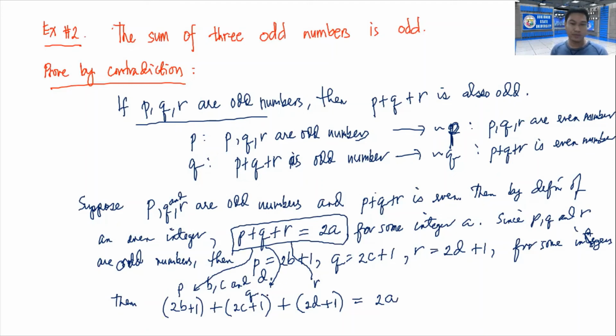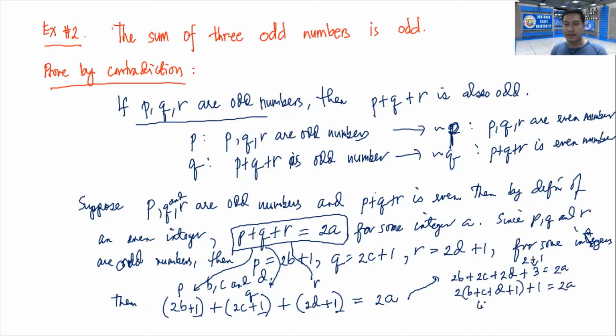As we continue, we can simplify it. We will be having 2b plus 2c plus 2d plus all the ones, 1, 2, 3, so plus 3, is equal to 2a. From there, you can place the 2 outside, so you have 2 times b plus c plus d plus 1, because 3 is 2 plus 1, so this 1 here and then plus 1 outside, equals 2a.